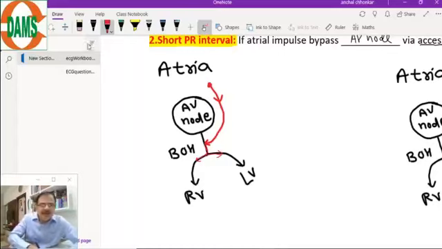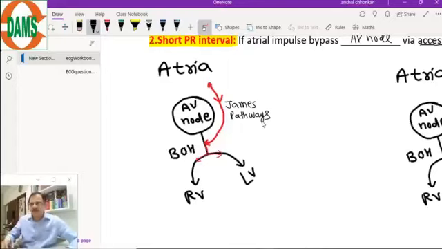So, in this condition, the atrial impulse is bypassing the AV node, and both ventricles are getting depolarized simultaneously. This pathway is not bundle of Kent. This pathway is known as James pathway. This is known as the James pathway. And how does the ECG look like? The ECG will look like, comparing with a normal one in this scenario.